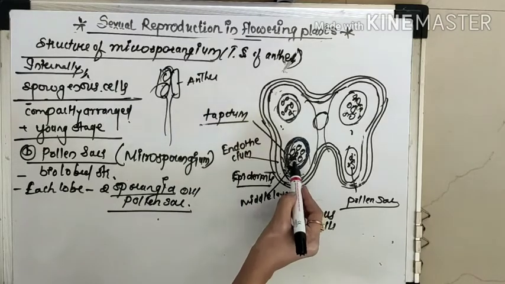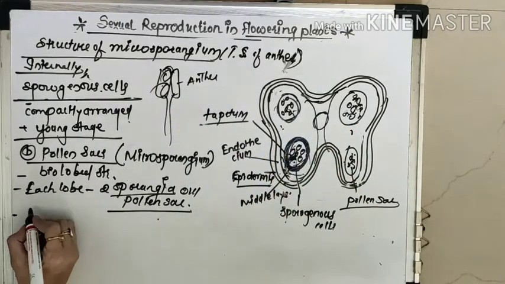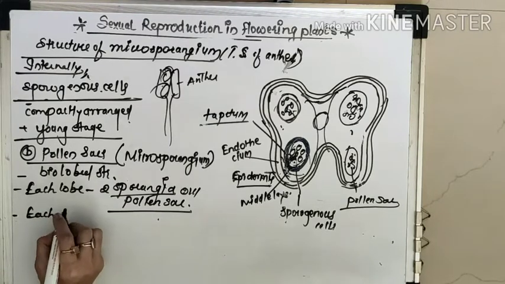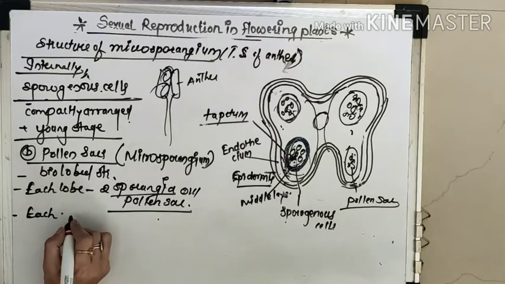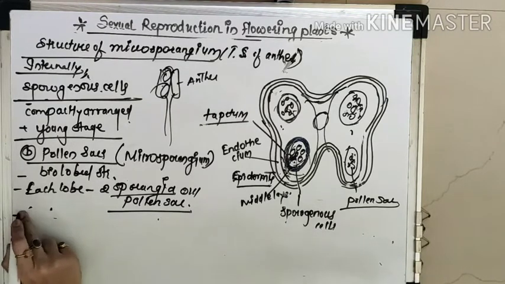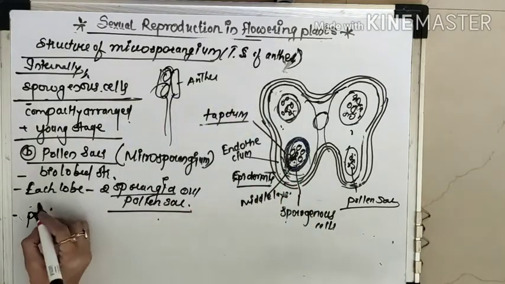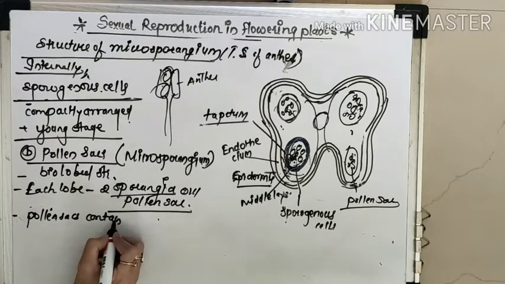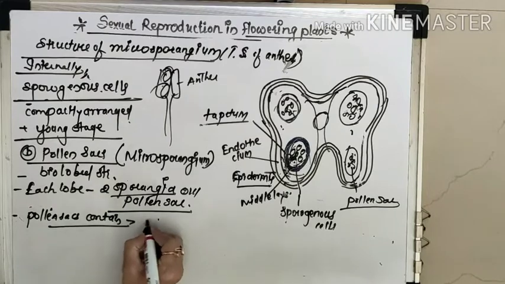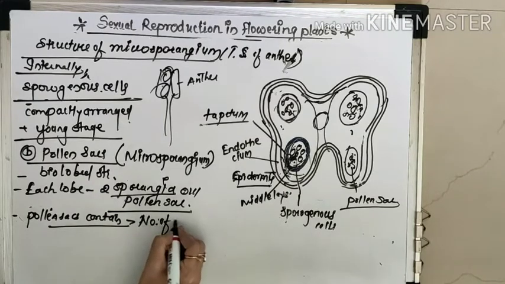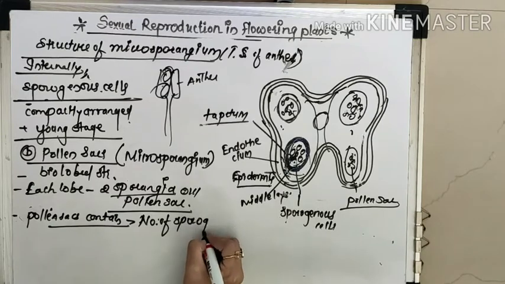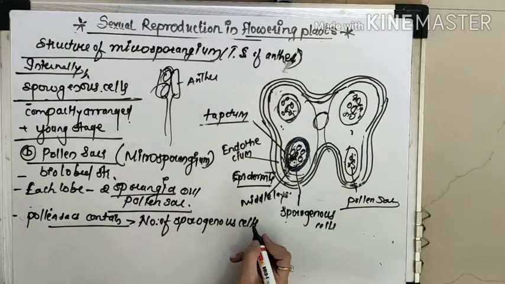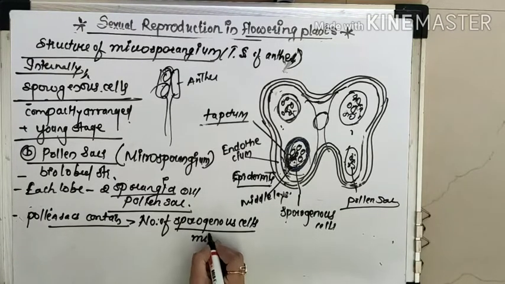This pollen sac contains a number of diploid sporogenous cells.